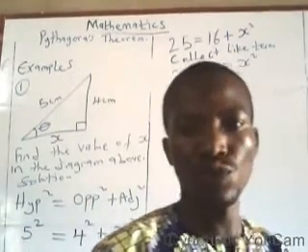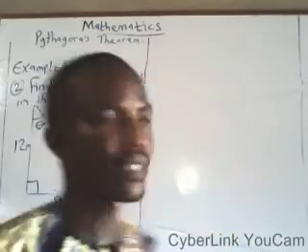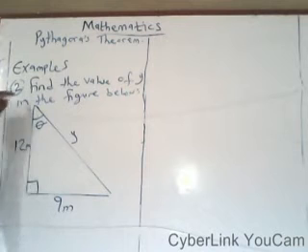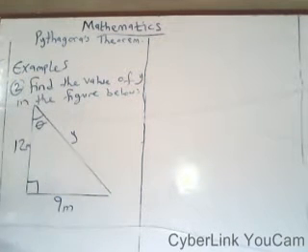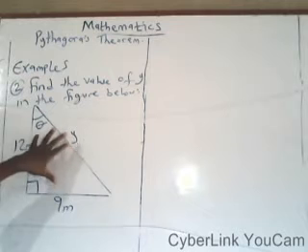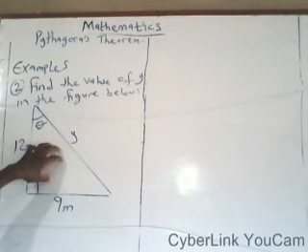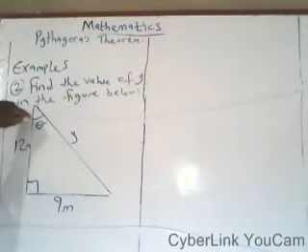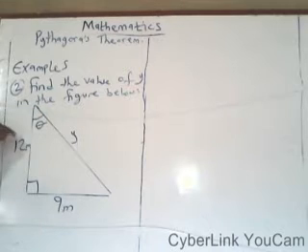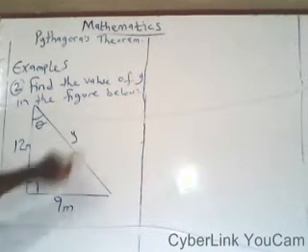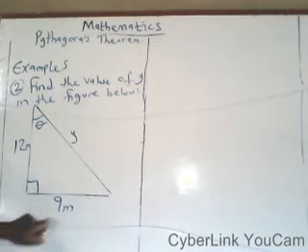For this second example, we are given: find the value of y in the figure below. This is the figure given. That is this right angle triangle. You are given your theta to be located at the upper part here. We have this place to be 12 meter, this place to be y, this place to be 9 meter.